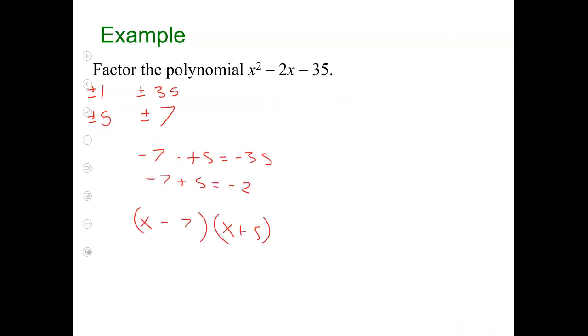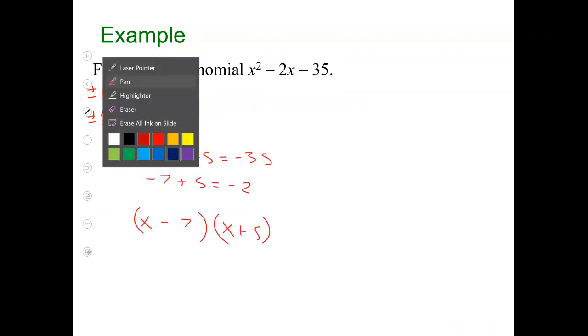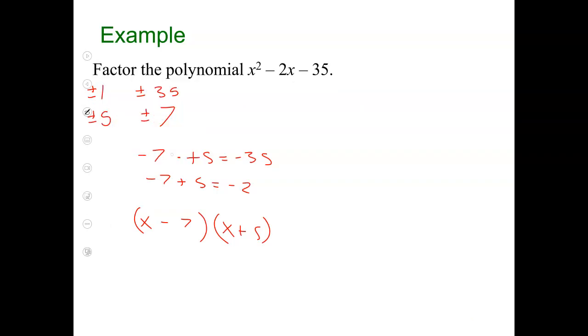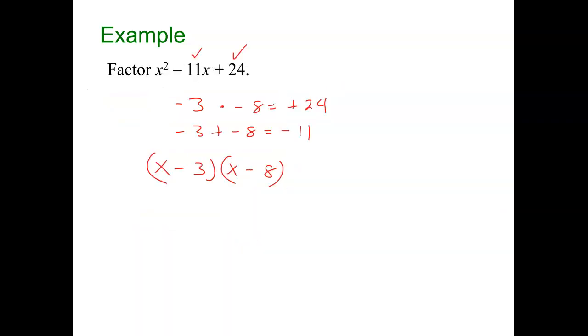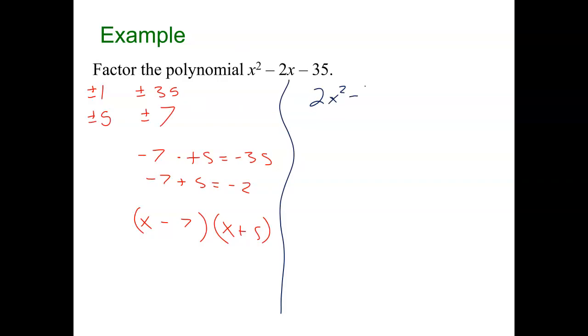All right. I'm gonna add an example and a half here. I'm gonna take this same expression, but I'm gonna change it to be a little bit different. 2x squared minus 4x minus 70. Okay.